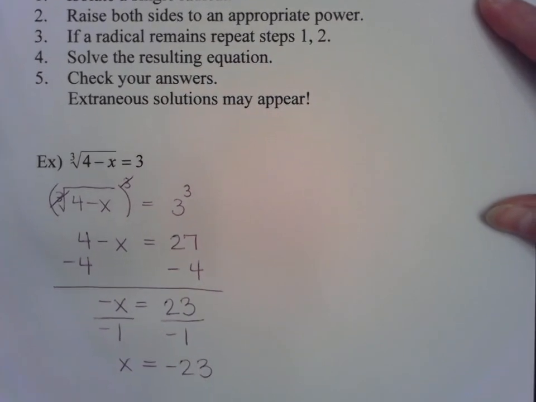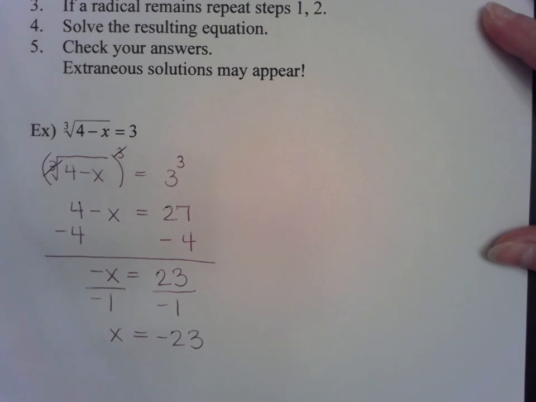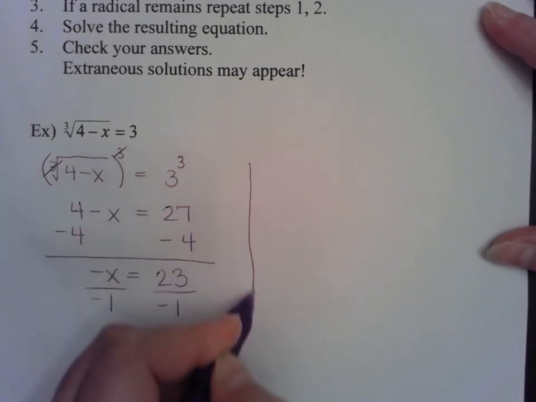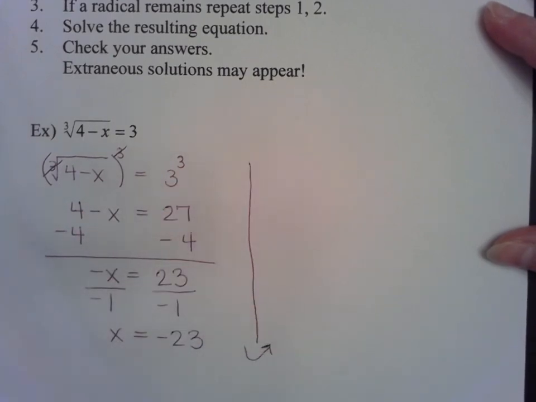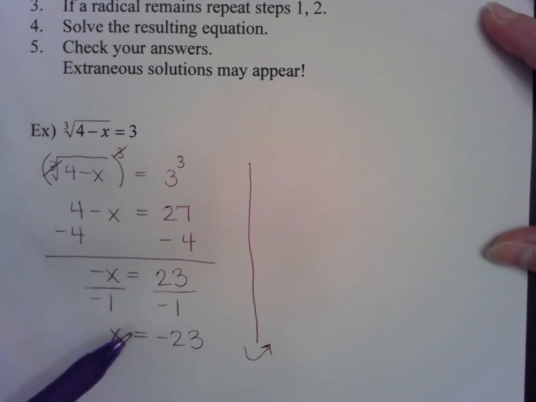Looks like I get negative 23. So then remember the last step here is to do just a quick check to make sure that this one works. To do our check, we always want to take the answer we've got all the way back to the beginning. If we were to take it to some place in the middle here, if we made a mistake, we may not catch the fact that we did make a mistake.